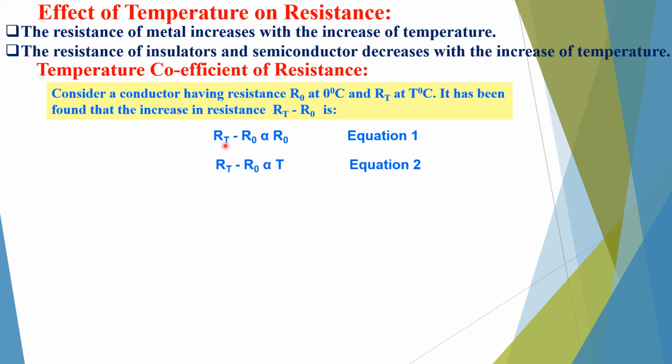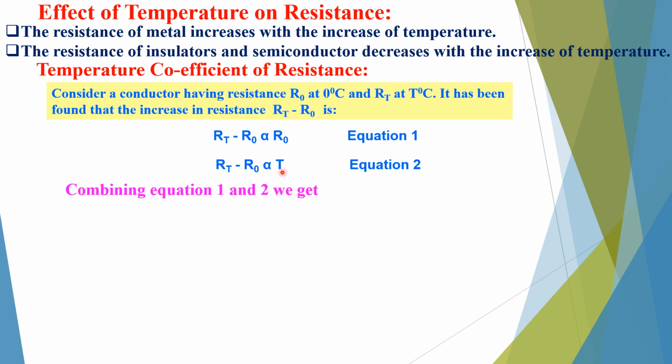So RT minus R0 change in resistance is directly proportional to R0 initial resistance of the conductor and RT minus R0 change in resistance is directly proportional to T the rise in temperature.